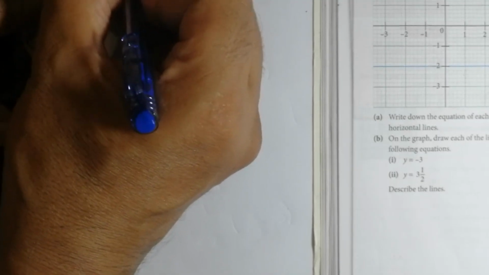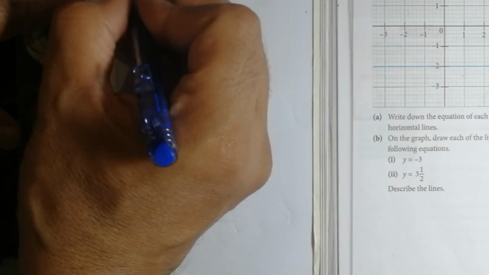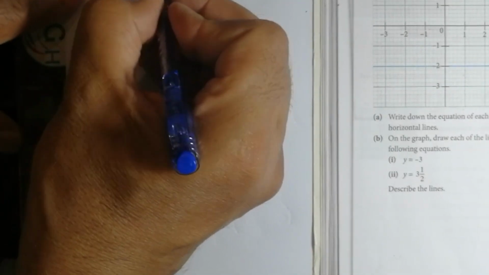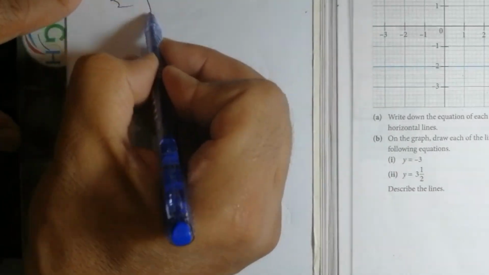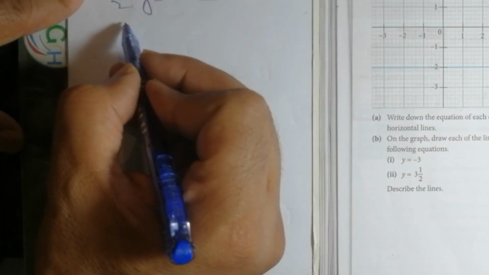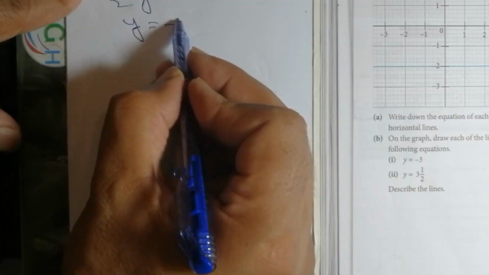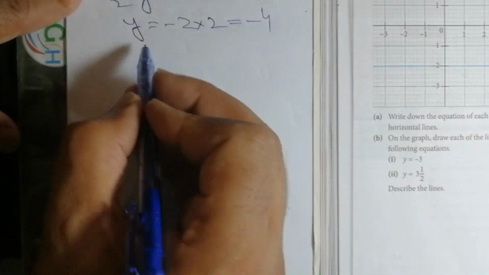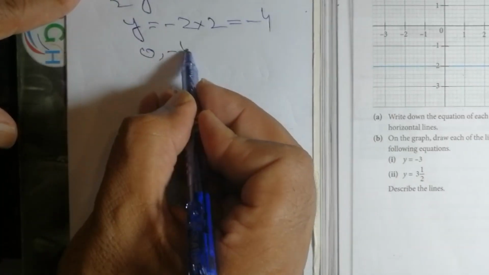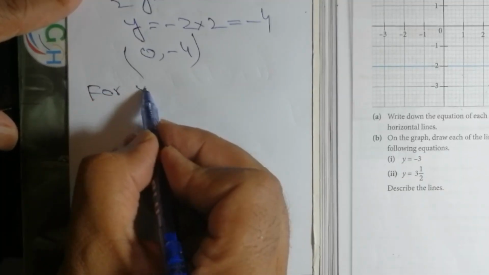For x equal to 0, what will be y? 1 by 2 y plus 0 equal to minus 2, so y will be minus 2 into 2, which is equal to minus 4. So this point is 0 and minus 4.